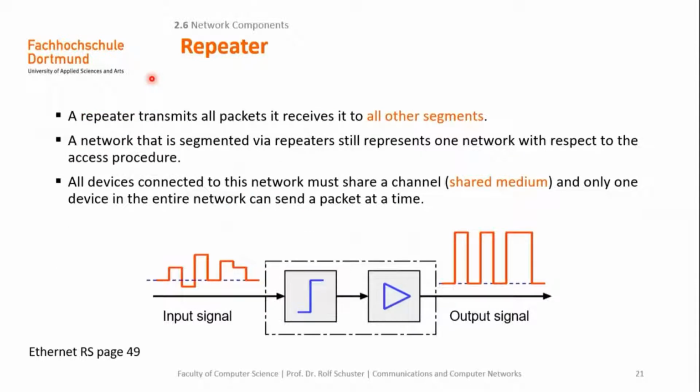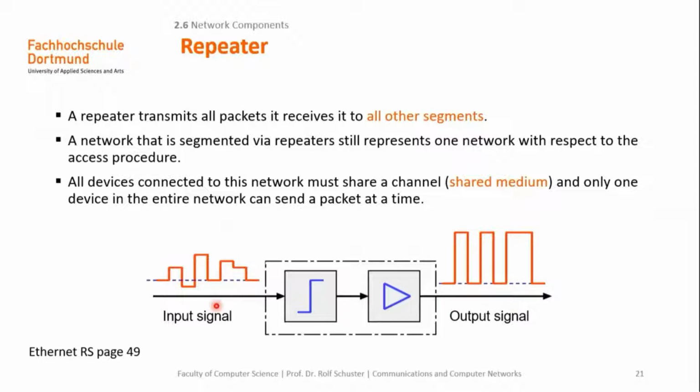And then we need to remember that the repeater receives the digital signal, decodes the signal, and with the bit stream decoded, encodes a new signal that is transmitted over the other port.